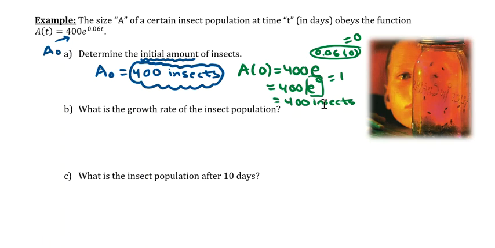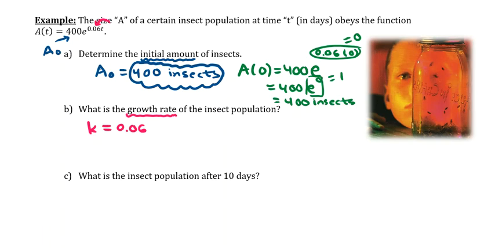Now it wants us to provide the growth rate of the insect population. We're going to get that answer from the value that's in front of t in the power. So I'll write that out here: k equals 0.06. That value in front of the variable t in the exponent of e is always going to be your rate.